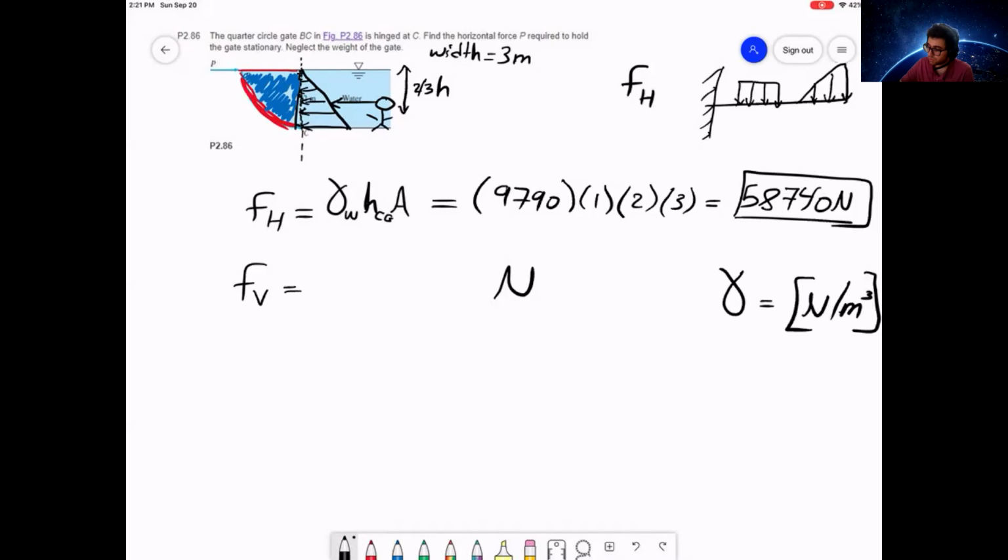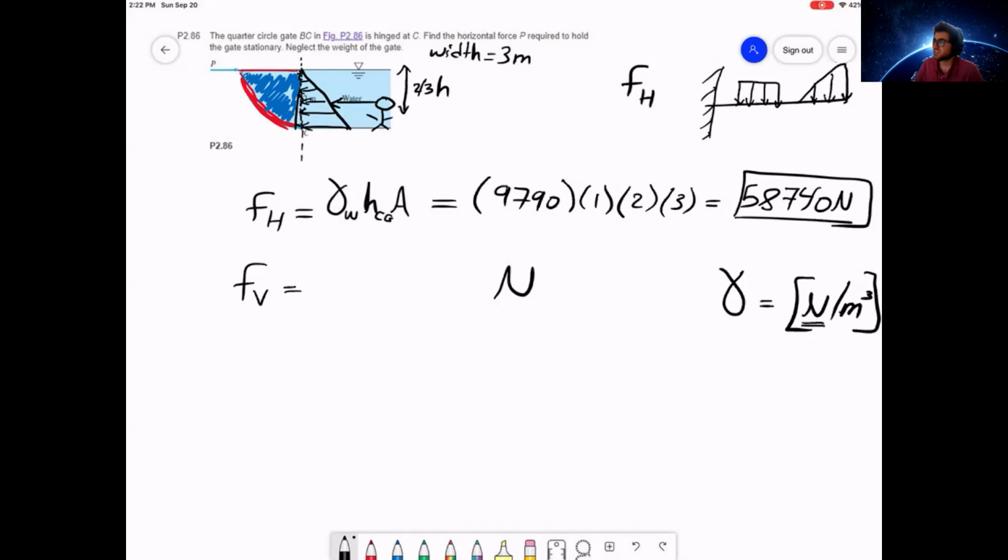We need this Newton right here. We need to get rid of this meter cubed. How do we do that? Volume? Yes, multiply gamma times volume, you'll end up with Newton, and that way you calculate the force.